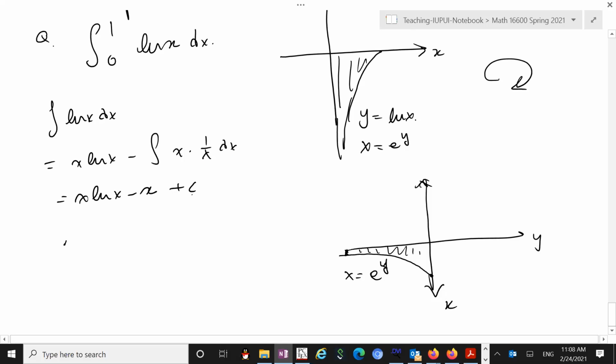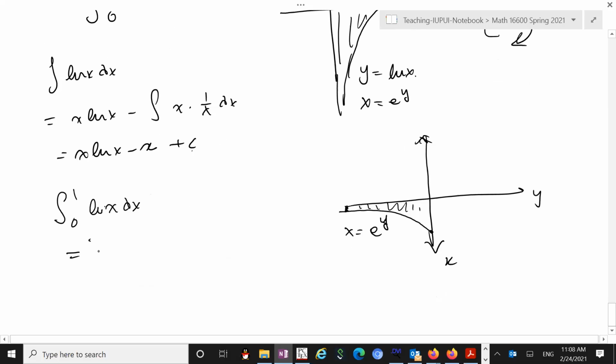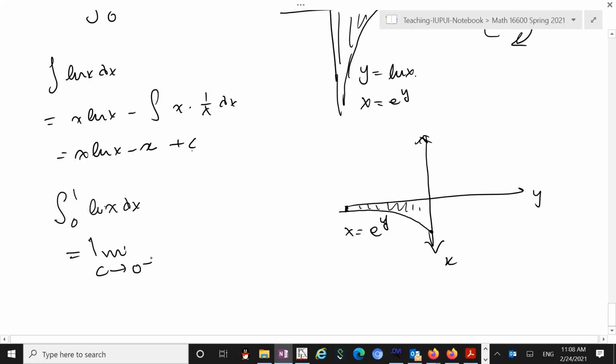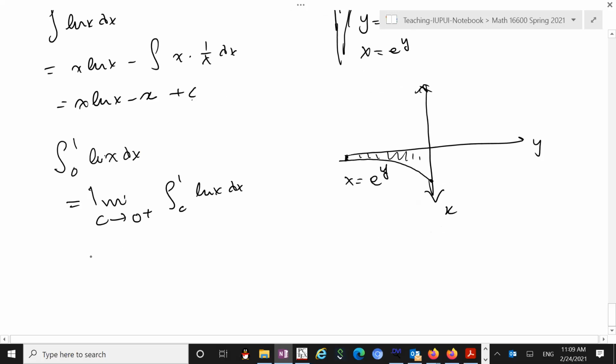So now this is going to be the limit as c approaches 0 from the positive side, and that is going to be the antiderivative evaluated, right?